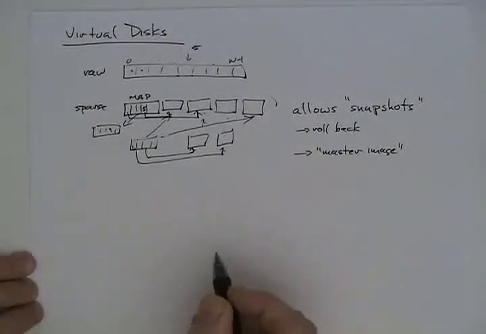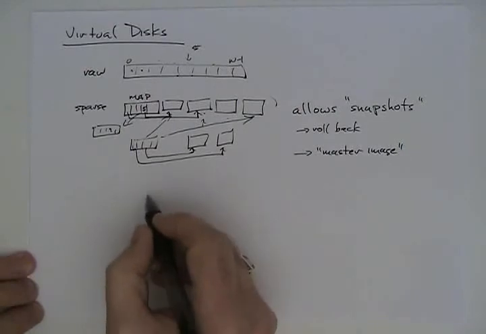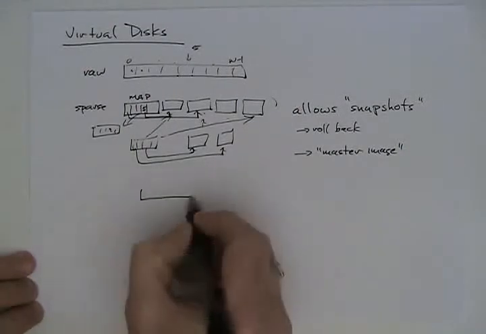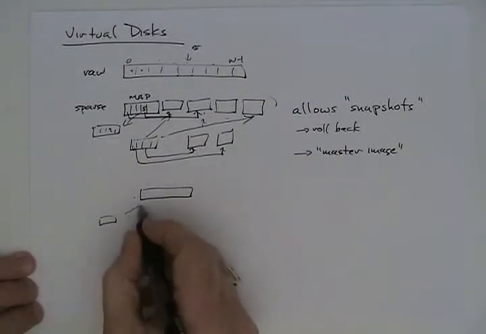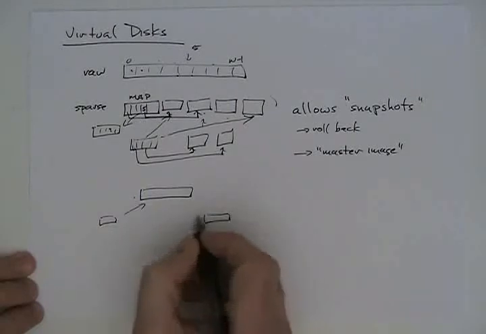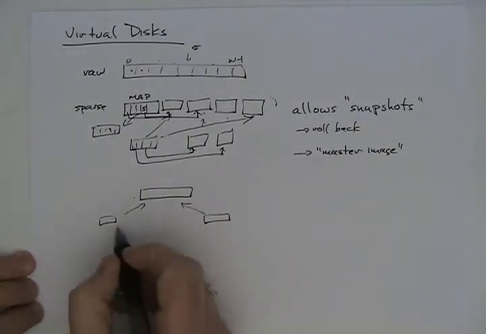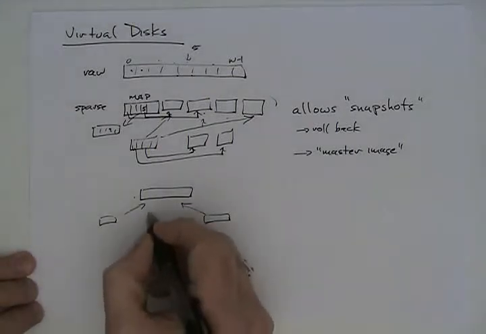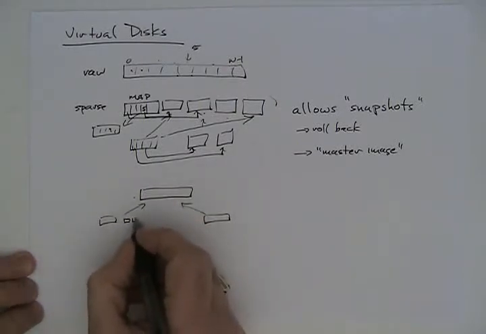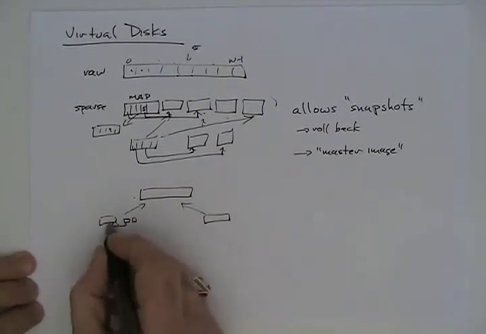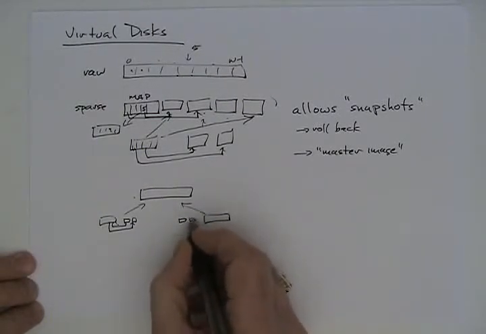So if we want to run multiple virtual machines that each start with the same configuration, we can have multiple virtual disks all pointing to the same starting image, and then any writes don't modify the starting image, they instead modify these separate sparse images, through copy on write.